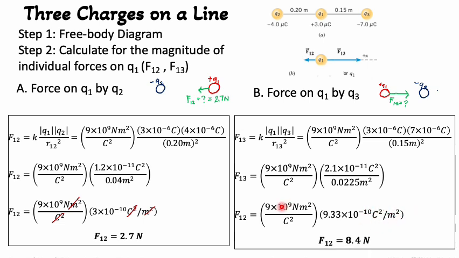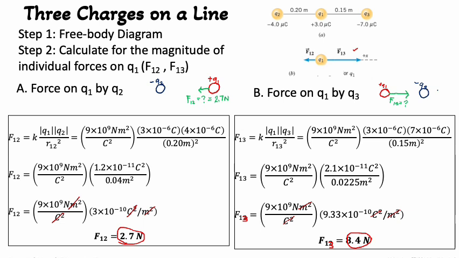And lastly, multiply it with K or the proportionality constant, you will get 8.4 Newton. And by the way, this should be F13. Ayan. So, as you can see here, the F13 is really much larger. The force acted by the charge 3 is much larger compared to the charge 2.